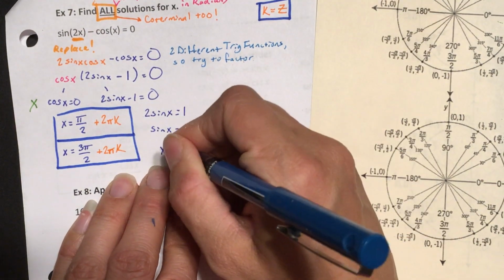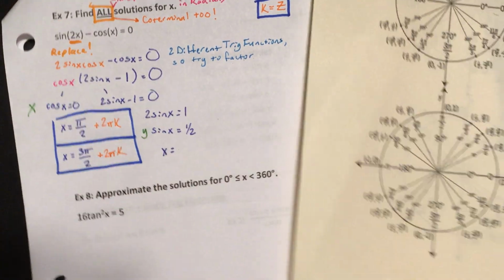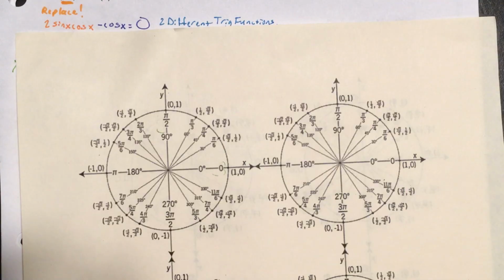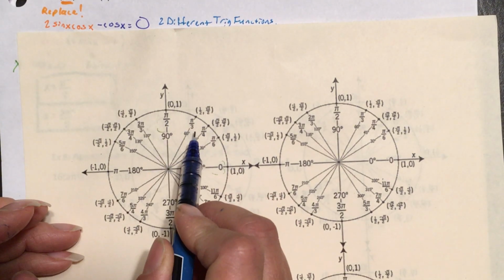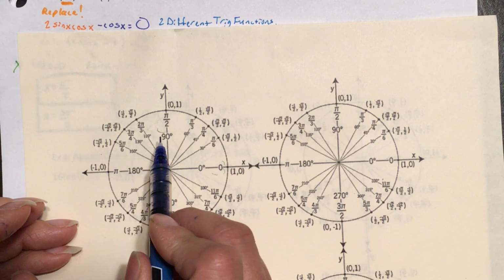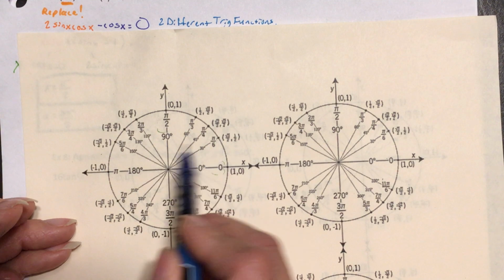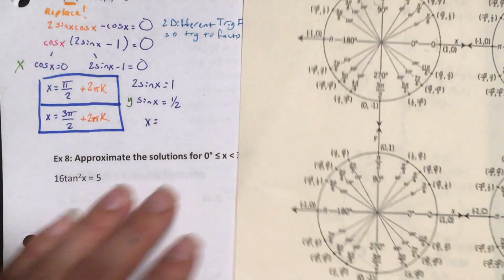And then x equals, so sine equaling 1/2, we are looking for where our y part of the coordinate is a positive 1/2. So where are my y values positive? In quadrant 1 and quadrant 2. We've got a y value of 1/2 here at pi over 6, and then a y value of 1/2 here at 5 pi over 6.